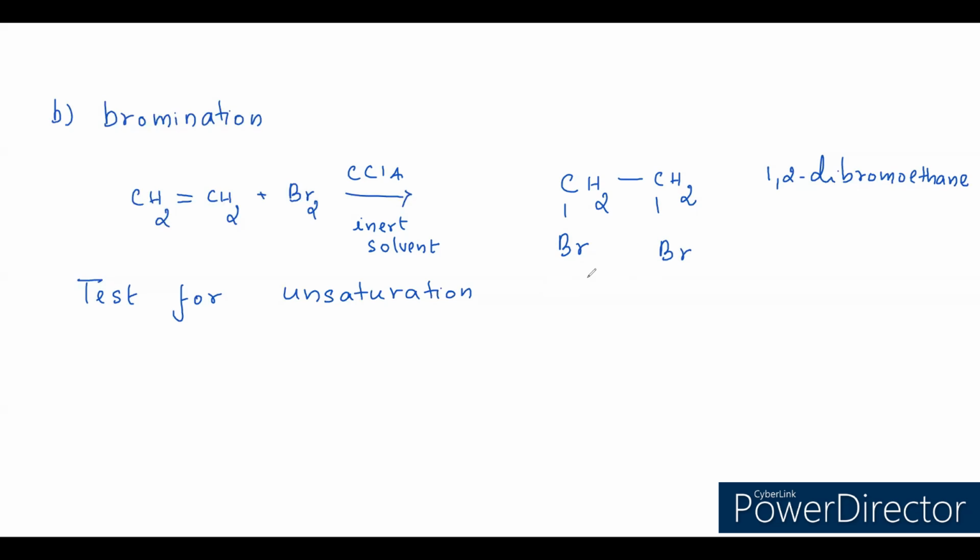Why is it disappearing? Because after reaction, bromine is not existing as bromine. It is existing in the form of a bromide, it has combined with the two carbons present here. So free bromine is not present or not existing. It undergoes a reaction. Because of which the above reaction is called a test for unsaturation.